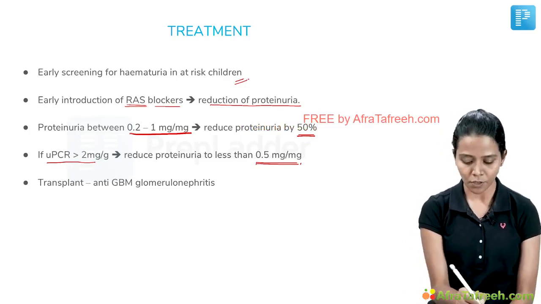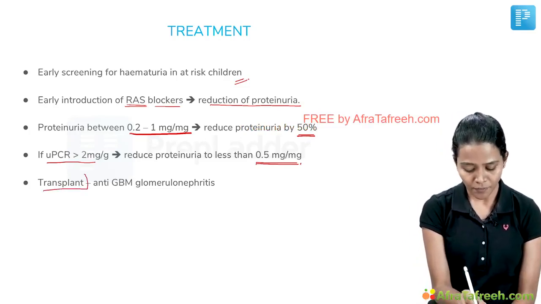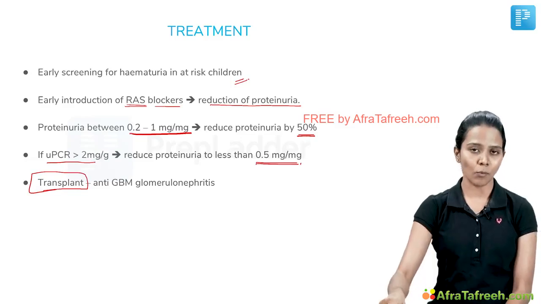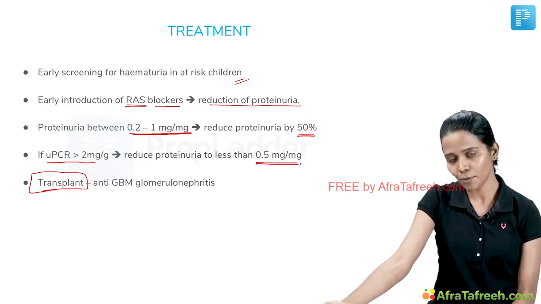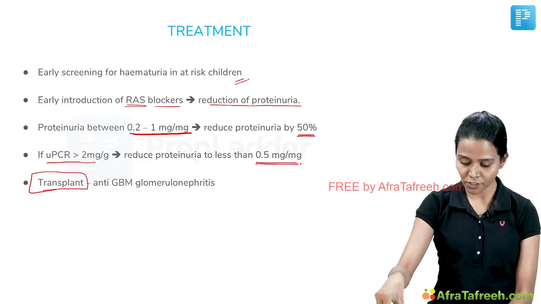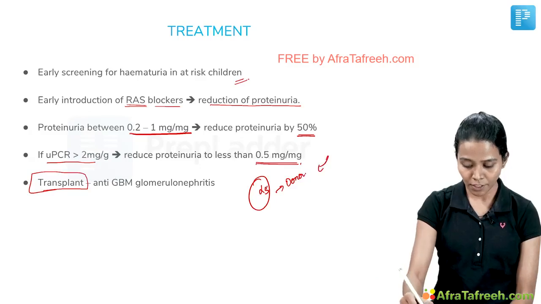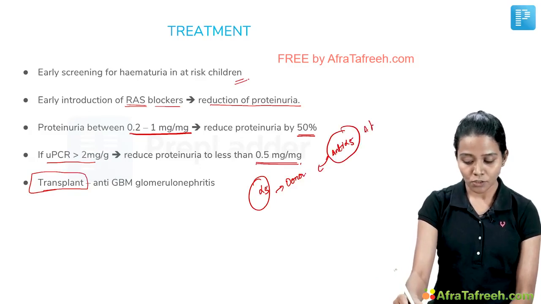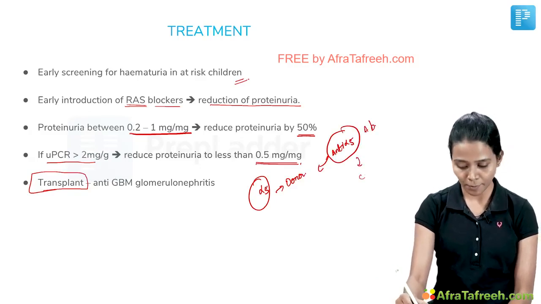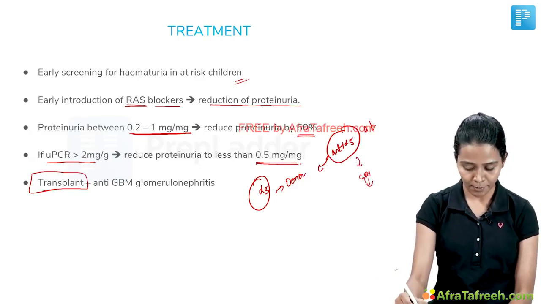So, in this situation, you are going to avoid proteinuria from worsening the renal function. Okay, so the only problem with transplant is this. For example, if you take X-linked Alport syndrome, the alpha 5 chain which is going to be there in the donor's kidney is going to be new to the recipient. So the recipient is going to produce anti-alpha 5 antibody. So this is going to bind to the GBM and it is going to cause anti-GBM disease.